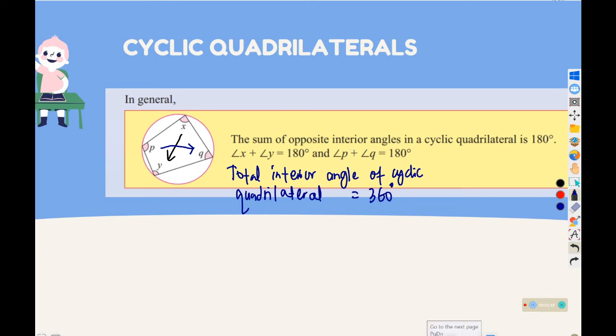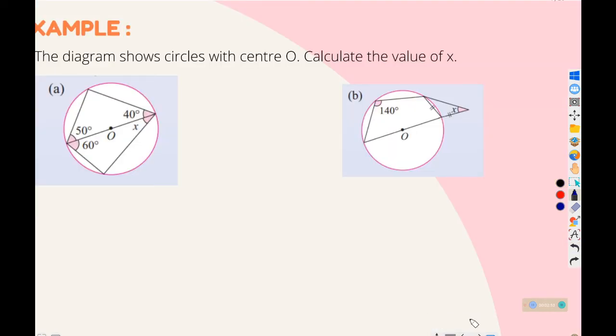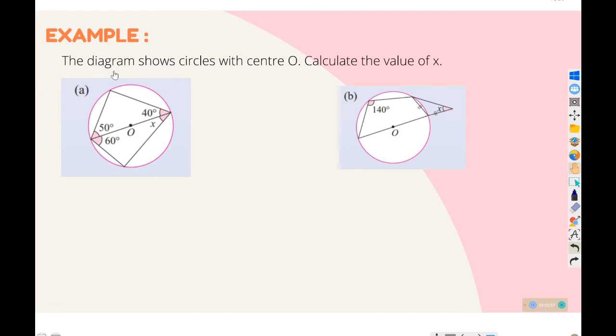Now we move on to an example. The diagram shows a circle with center O. Calculate the value of X. As you can see, this is a cyclic quadrilateral, with four vertices: 1, 2, 3, 4. So we can use the opposite angles of the cyclic quadrilateral, and the total is 180 degrees.